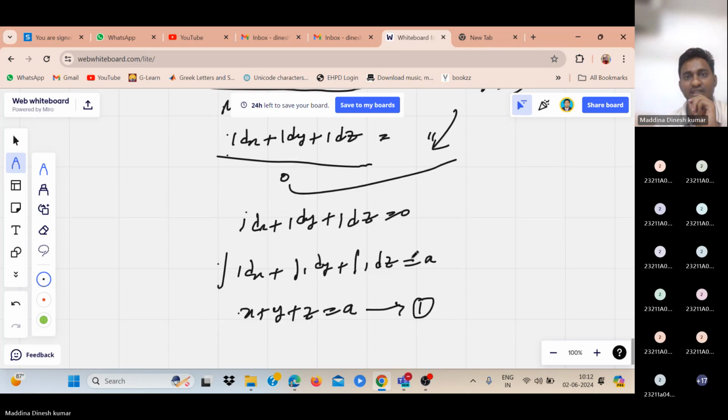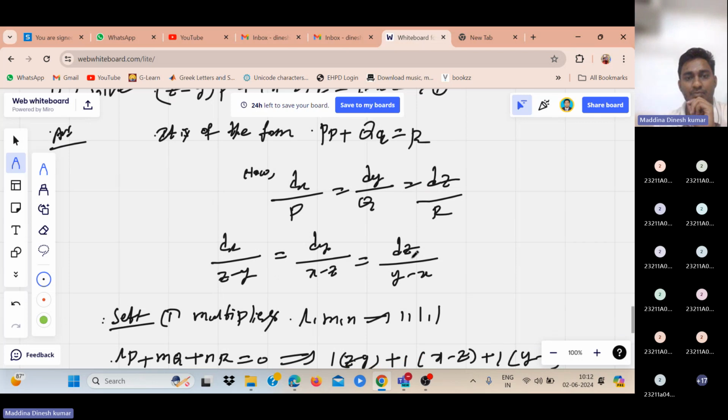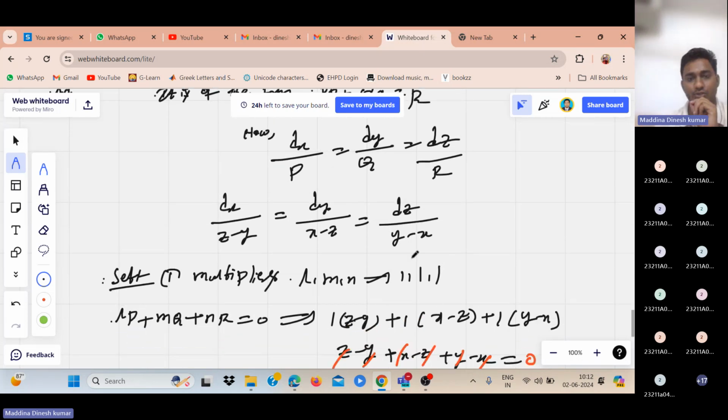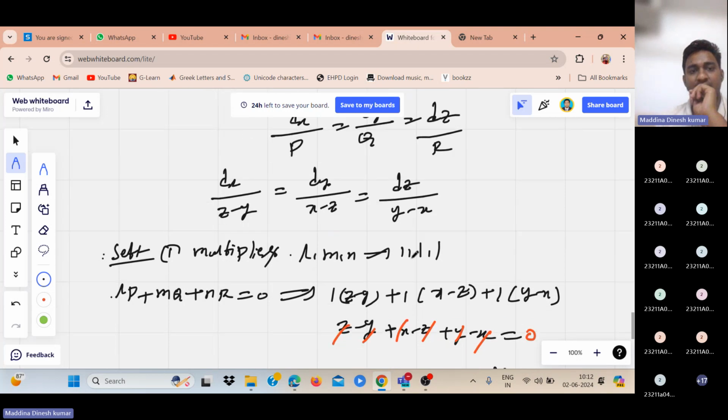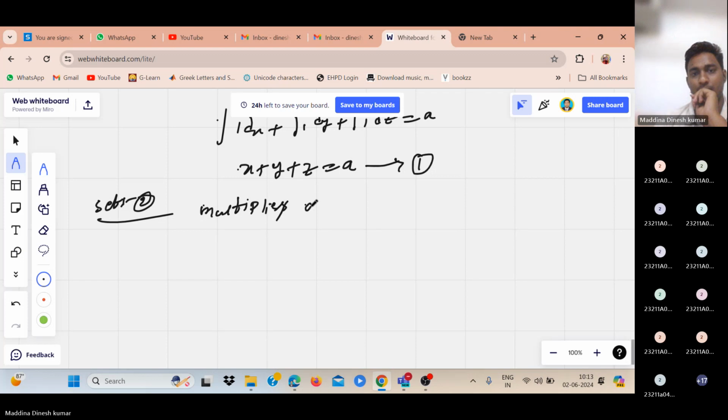Now this is the one set of multipliers I chose. Next, another set of multipliers we can also choose to get another solution. That means set two multipliers are x comma y comma z.